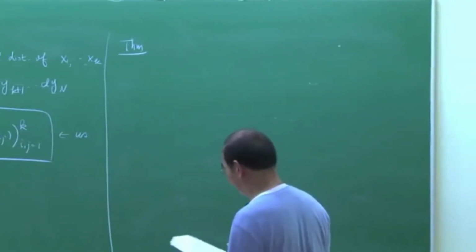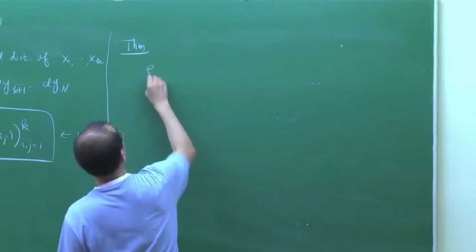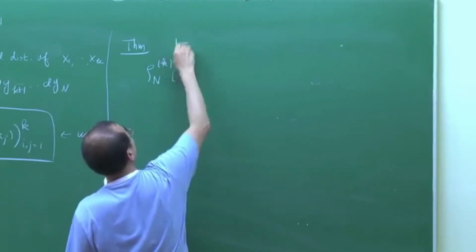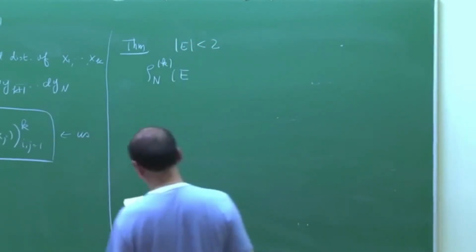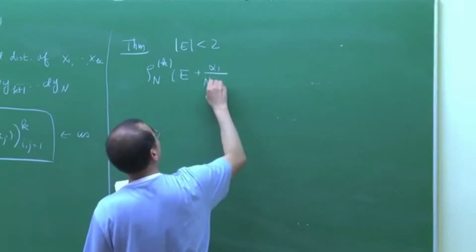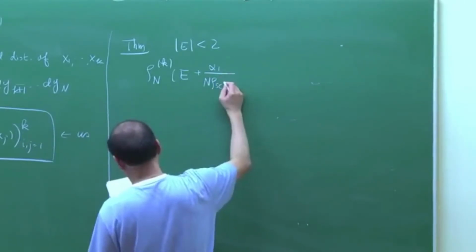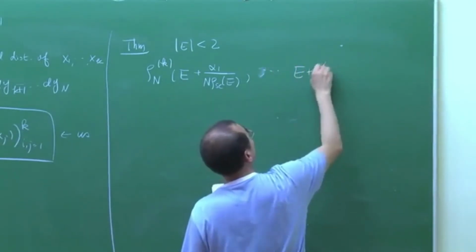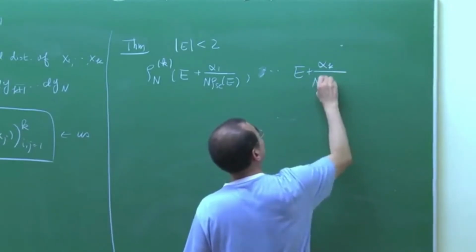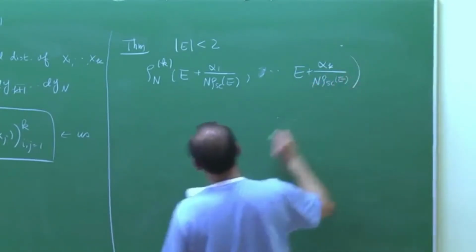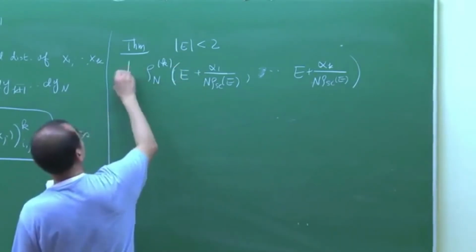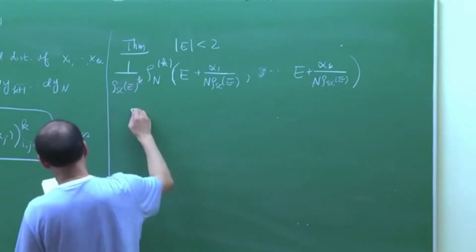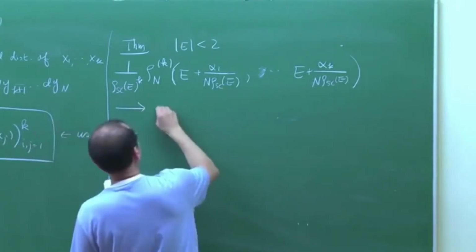If you compute rho_n^(k), where you fix any energy E, with E any number between -2 and 2, at the points E plus alpha_i over (n times rho semicircle of E), and divide by rho semicircle of E to the k, this will converge to the determinant.